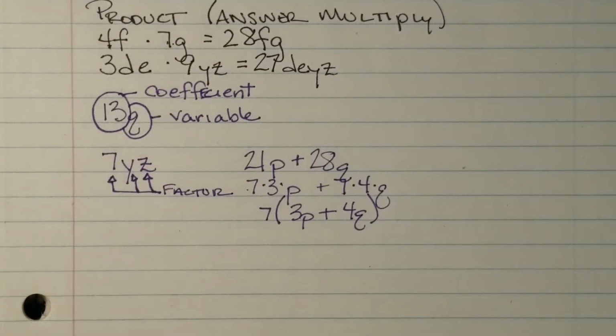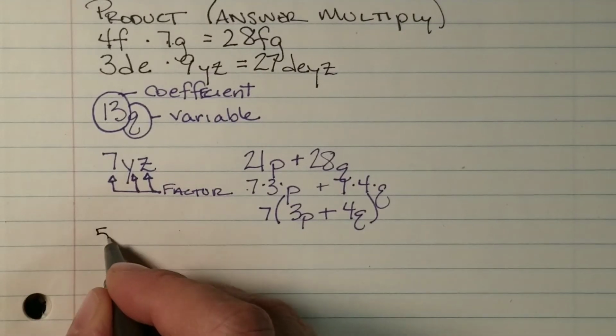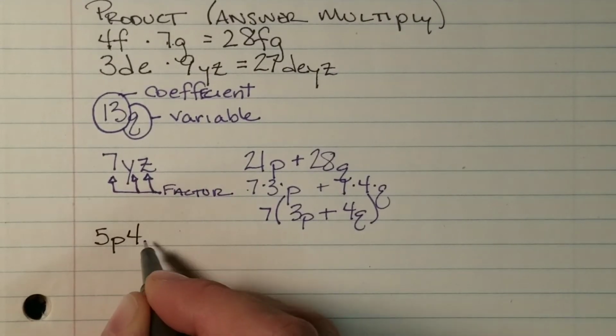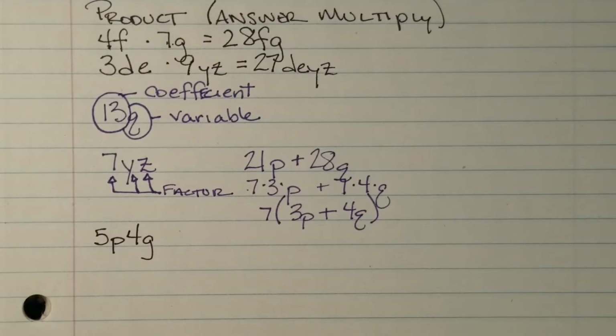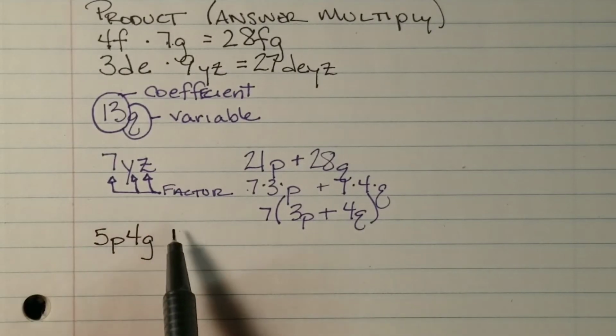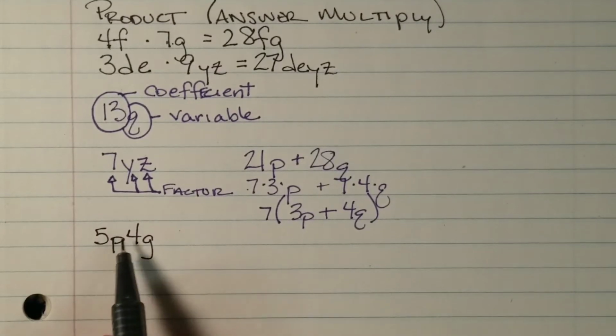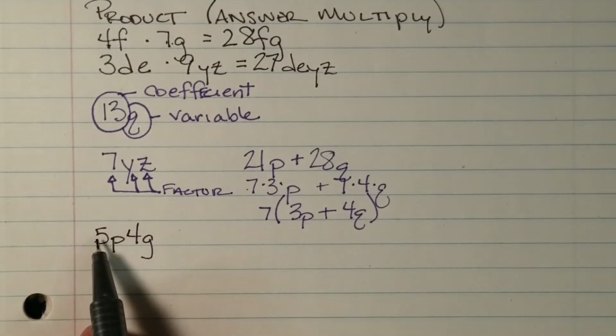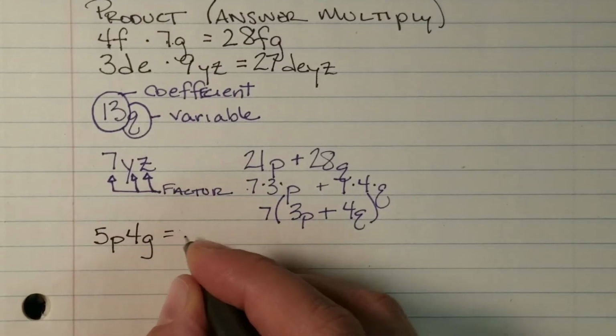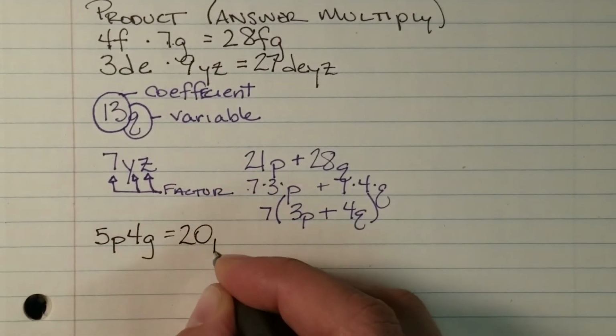Write that for me. 5p 4g. That's where you should start. And then once you have this, we're going to combine like terms. So these coefficients can be multiplied together. 5 times 4 is 20, and then put your variables.